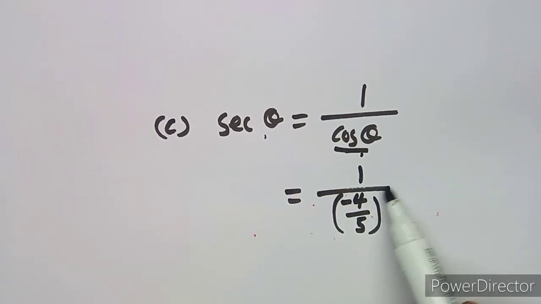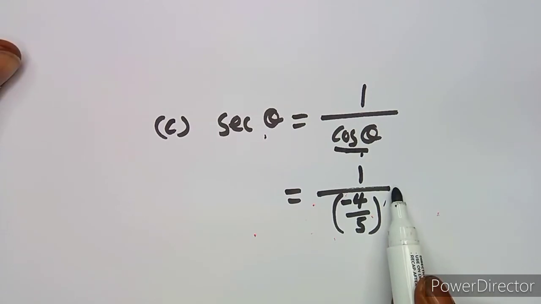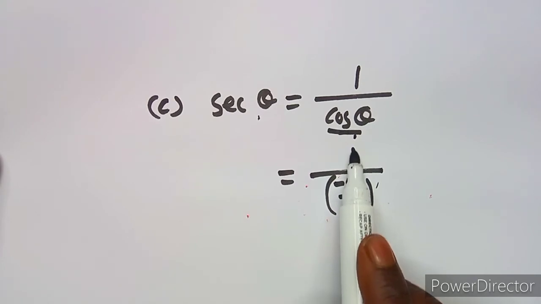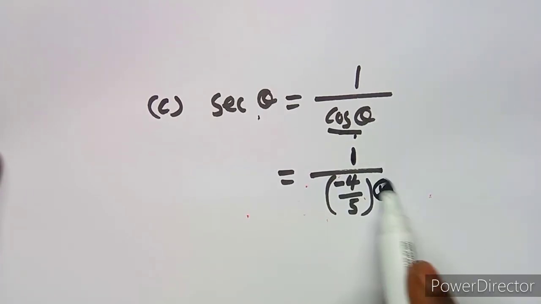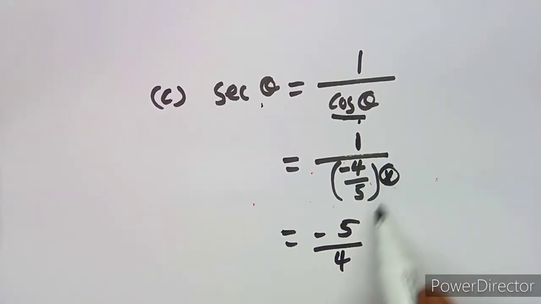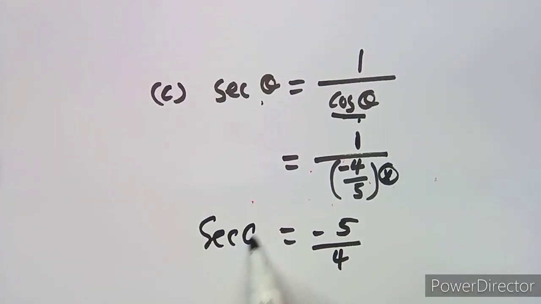You simply invert all. So using a calculator or just evaluating directly does not make any difference in this case, because whenever you are given 1 over a fraction, you invert it. So it's going to be -5 over 4. You just invert. So this is going to be your sec theta.